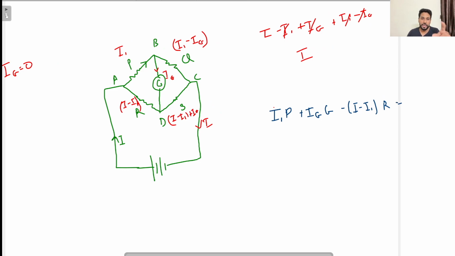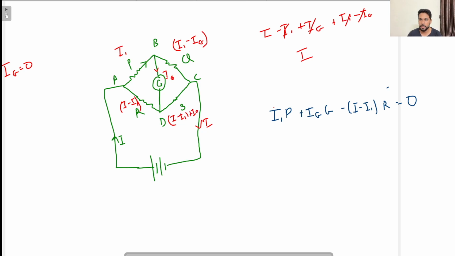In this particular loop the EMF is 0. There is no battery, there is no EMF source, so it's 0.